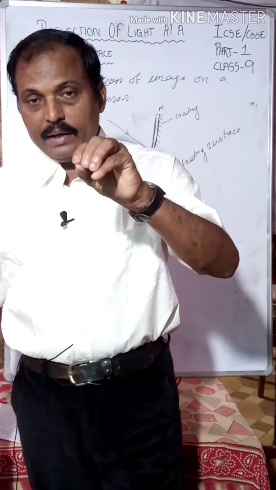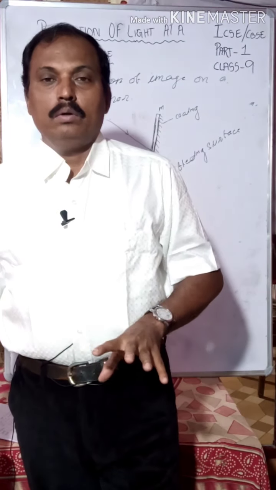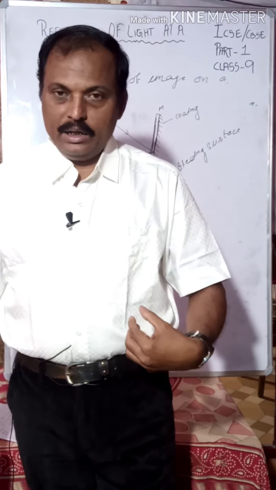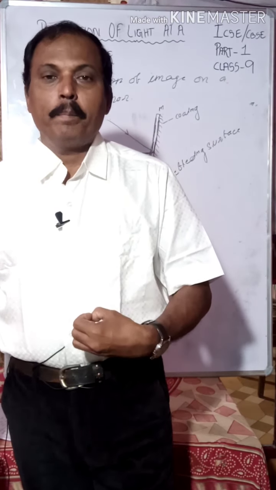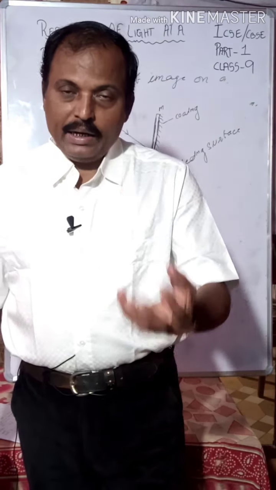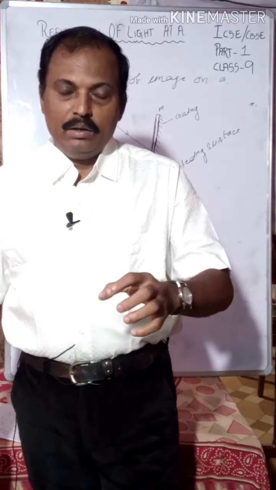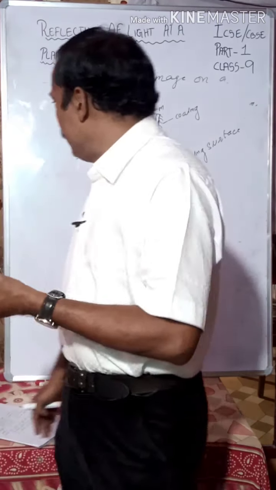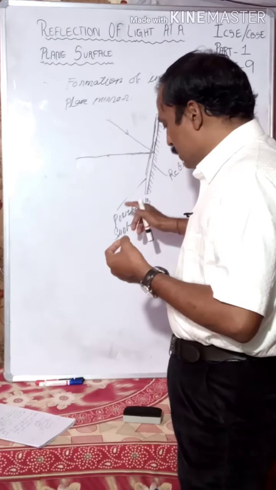So when light falls on the polished surface, it gets reflected, which is called the reflected ray, along with the incident ray. Among them there is a normal. We will discuss what the normal is, what the reflected ray is, and what a polished surface is.